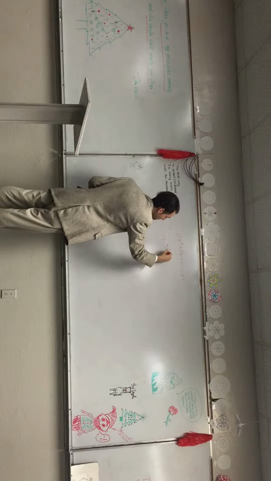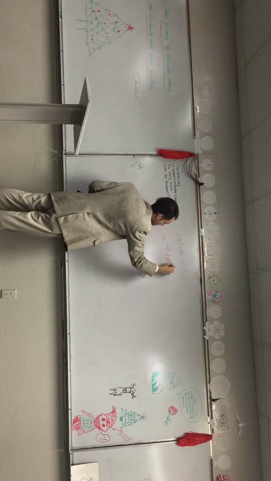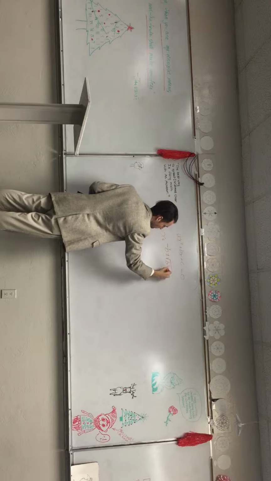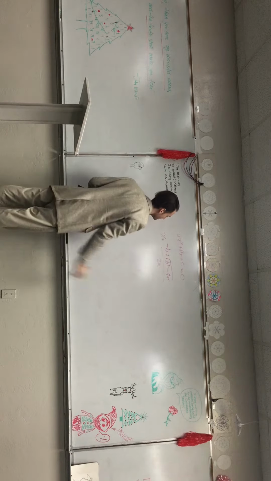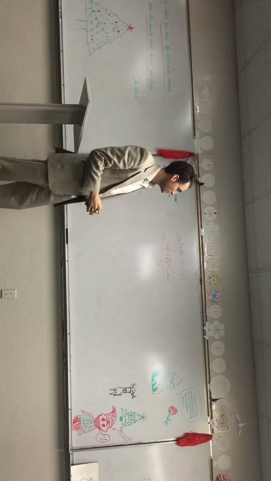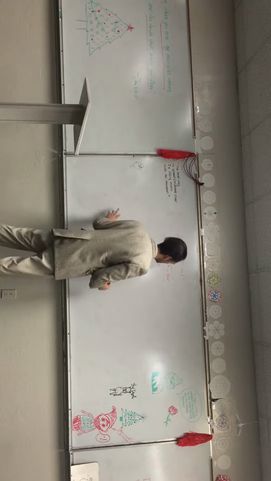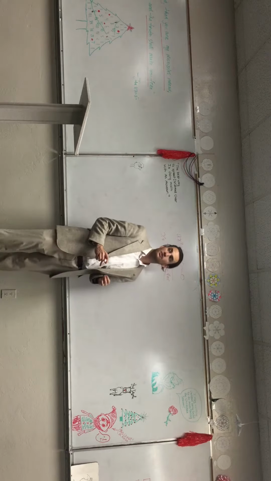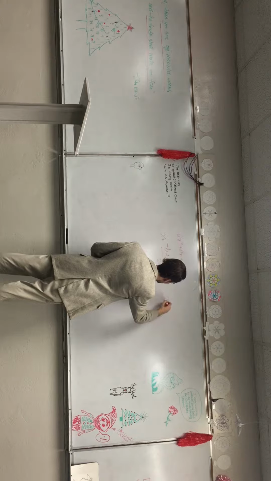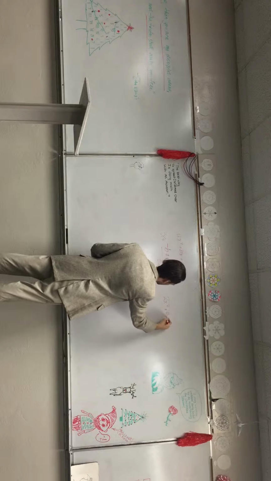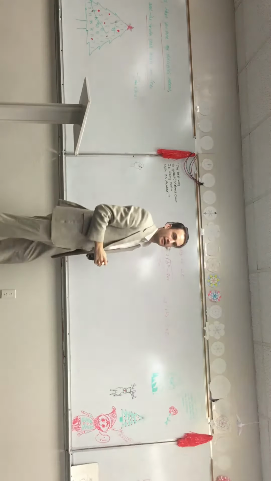Negative b plus or minus square root b squared minus 4ac all over 2a. Okay? So I want everyone to do this now on their own while I do it on the board. If I have 2x squared plus 4x minus 3, and I set this equal to 0, solve for x, okay?